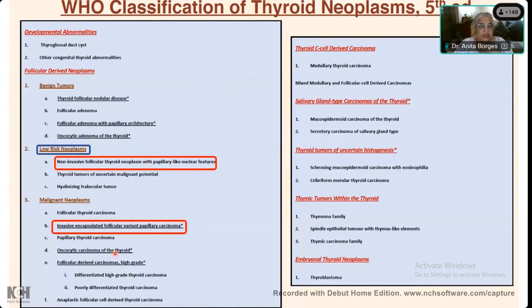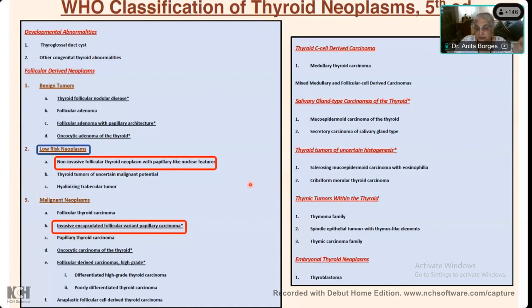What irritates me is that among the malignant neoplasms, they have invasive encapsulated follicular variant of papillary thyroid carcinoma, which is nothing but NIFTP invading its capsule. It's no longer non-invasive, it is now invasive.